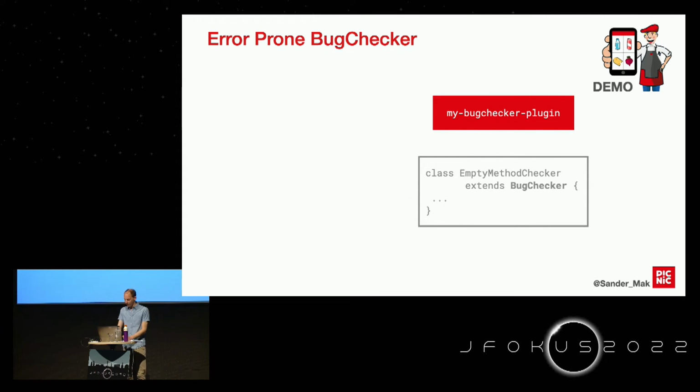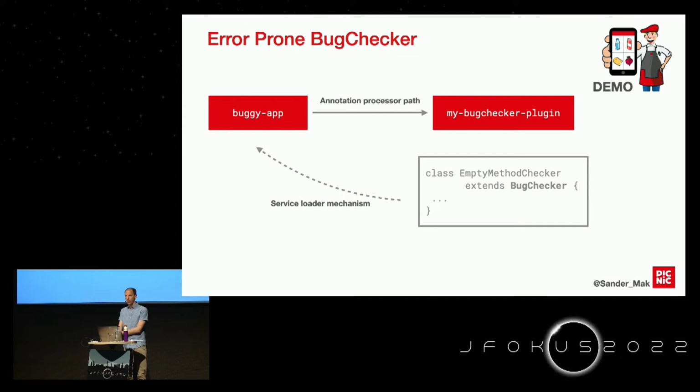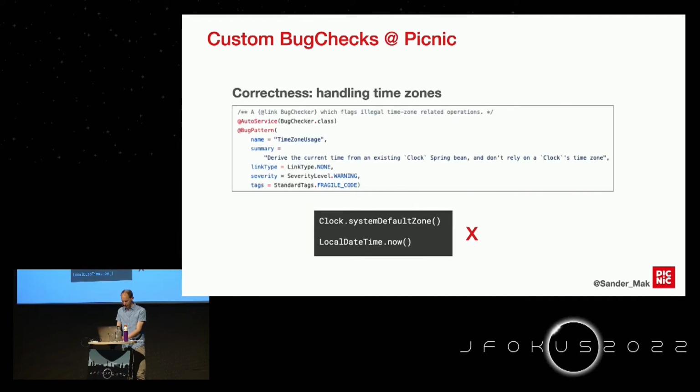And then once we have that available as a jar in our local Maven repository, we're going to hook that into the error-prone installation that we already had in the Buggy app that we just saw. So we are going to add the My BugChecker plugin to the annotation processor path. And then through service loading, error-prone will discover this additional bug check that we can then use and apply to our code base.